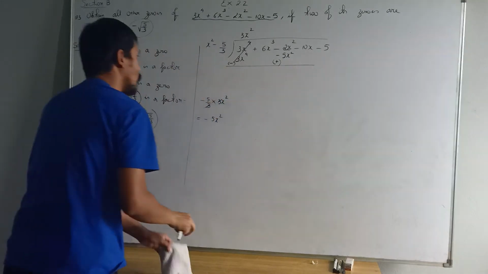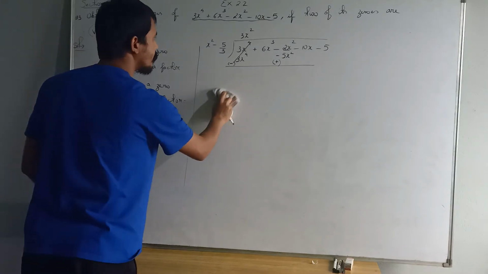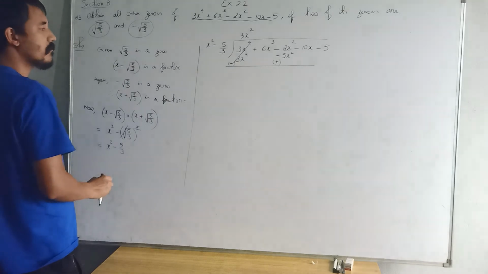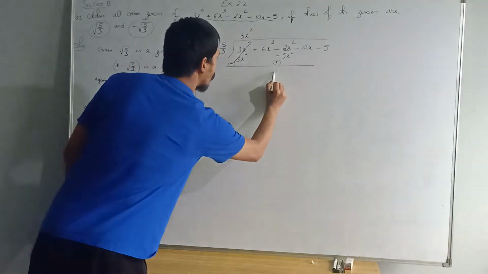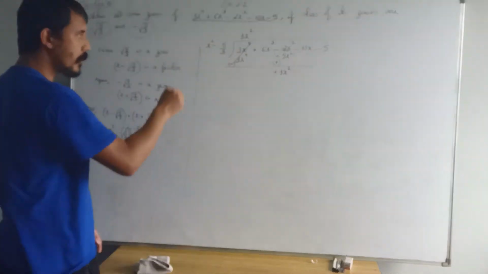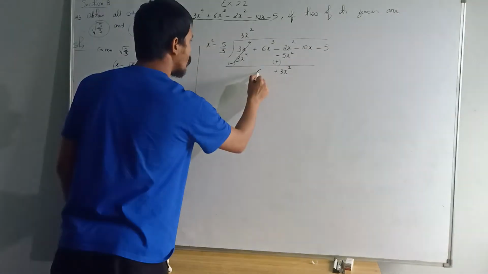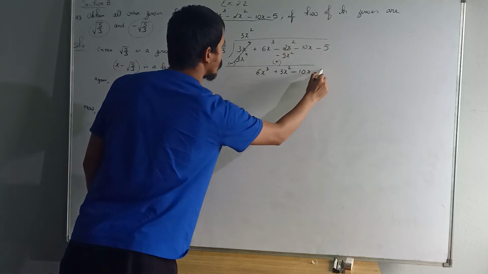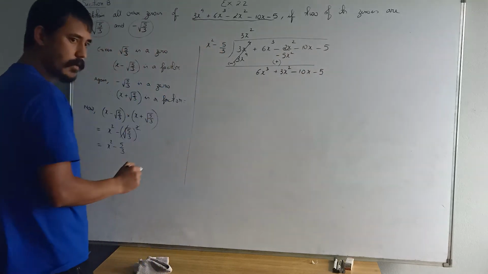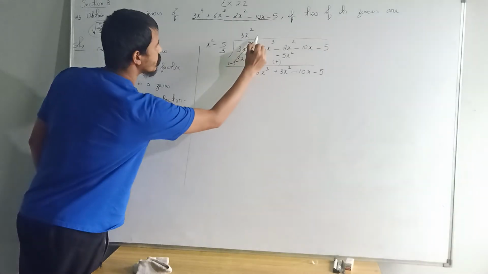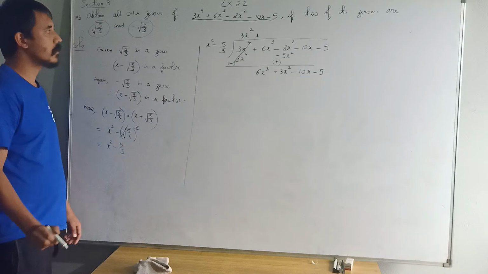Now minus 2 plus 5 gives you plus 3x squared, right? Okay, and we bring down the remaining terms. 6x cubed minus 10x minus 5. Alright? Again, this is positive term, we write here positive.